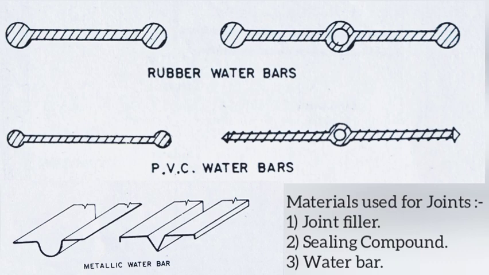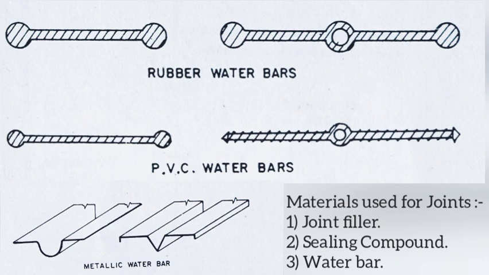The rubber or PVC water bars are manufactured in a variety of different forms such as dumbbell type, center bulb type, etc. The metal water bar consists of thin strips of copper, aluminum, or other corrosion resistant metal. Galvanized iron sheet water bars are also recommended in view of high cost of copper. However, GI water bar should not be used under corrosive conditions.